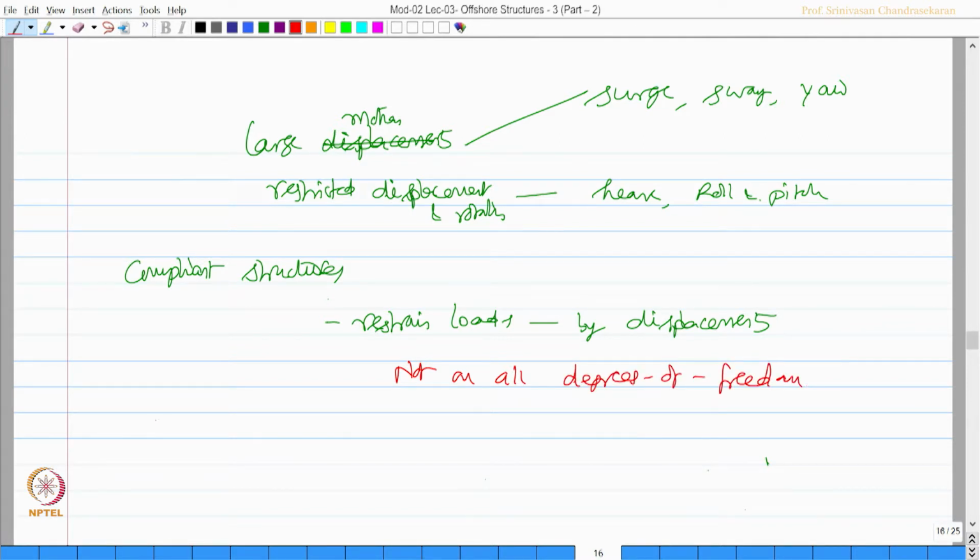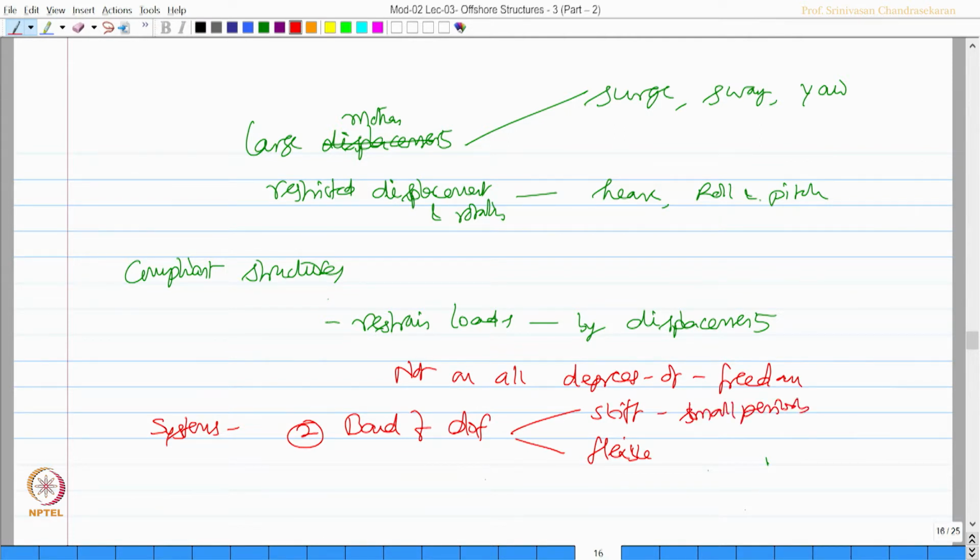So, systems which have 2 bands of degrees of freedom, that is stiff and flexible. Stiff will have very small periods, flexible will have very large periods. For example, surge, sway and yaw.